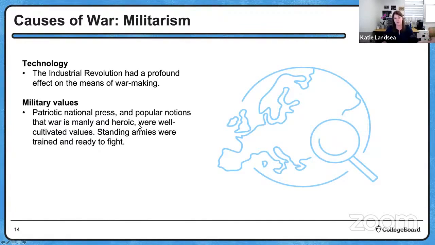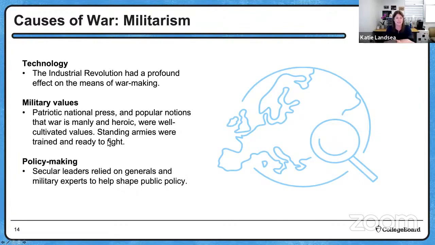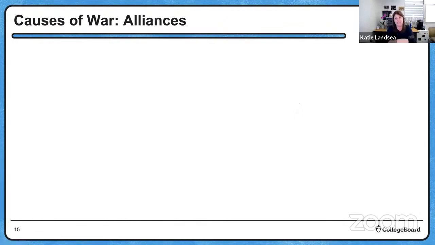These are very well cultivated values. Countries will begin to have standing armies, trained and ready to fight. So this is an ideology that is definitely going to cause World War I. We also have policy making. We have secular leaders that rely on generals and military experts to help shape public policy. So that's militarism, the M in our little MANIA acronym.